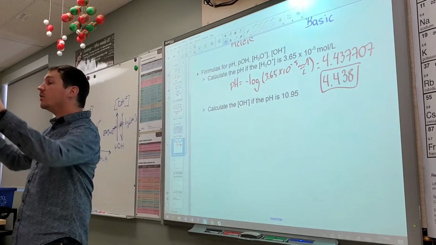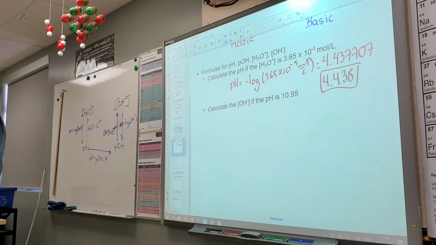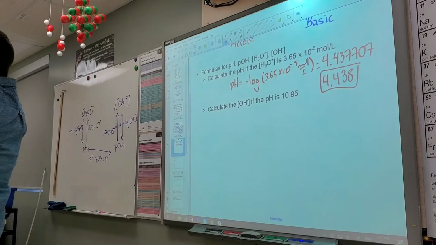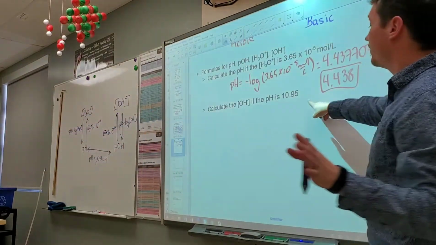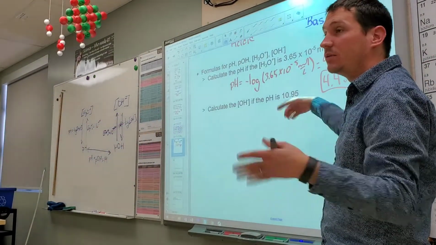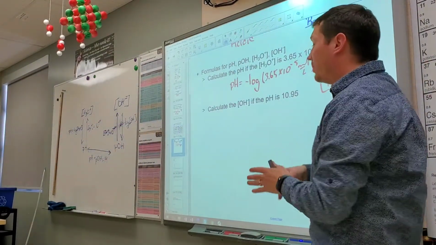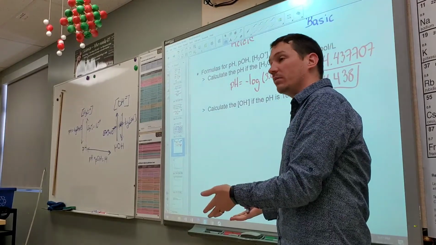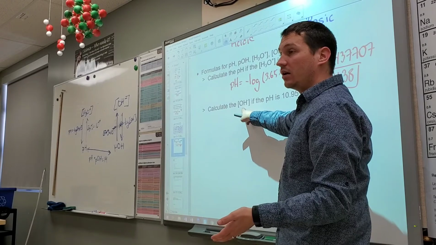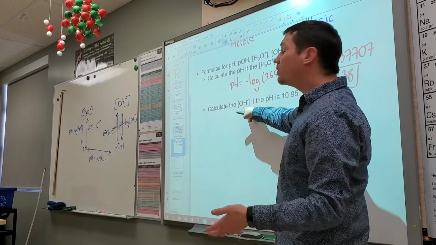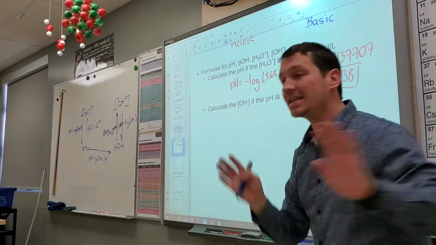So in your mind, you have to associate pH with a measure of the acidity of something. Now, it just so happens this is very, very, very not acidic, which means it's basic. But pH is associated with hydronium. Now, what's associated with hydroxide? pOH. You can't get hydroxide unless you have pOH.